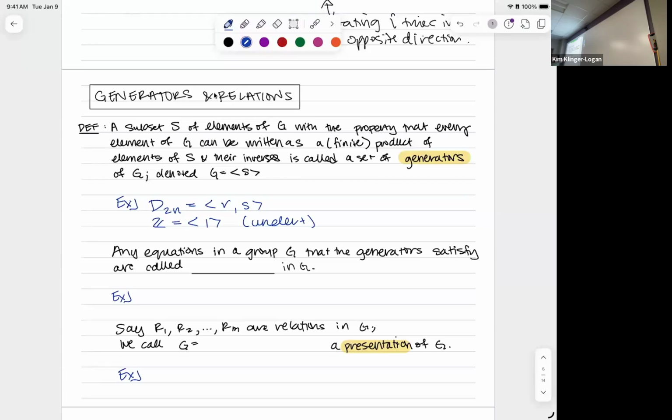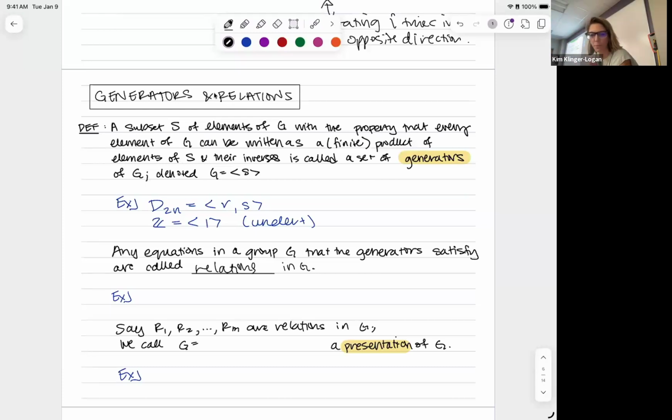But for D2N, we saw this is not an abelian group. So it was also nice to have some relation that tells me what happens if I try to swap R's and S's. Any equations like that in a group that the generators satisfy are called relations.